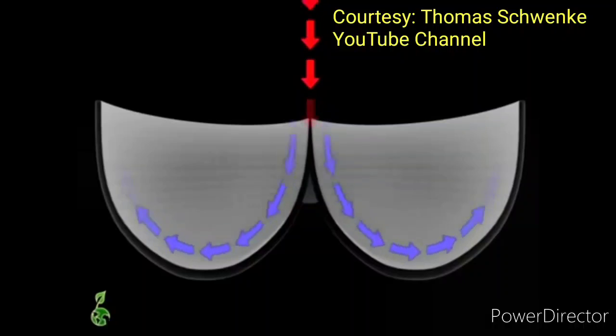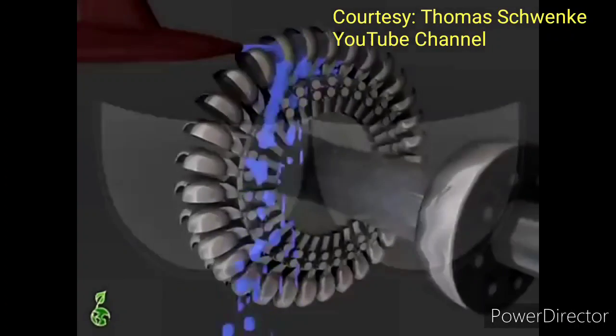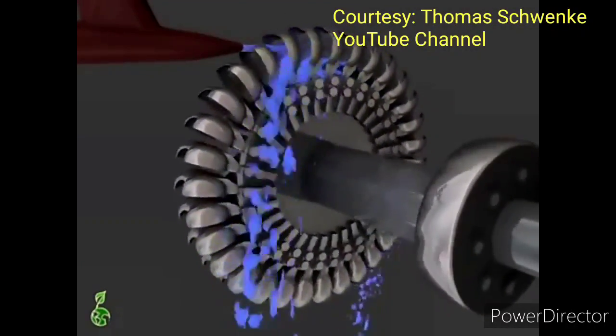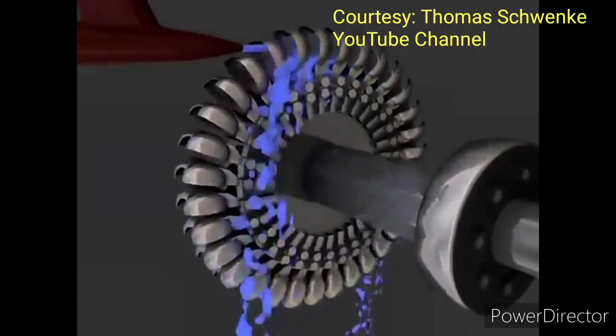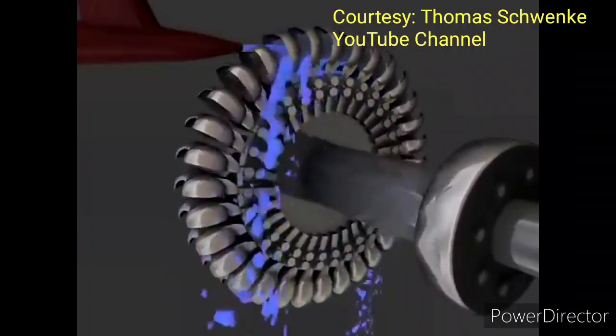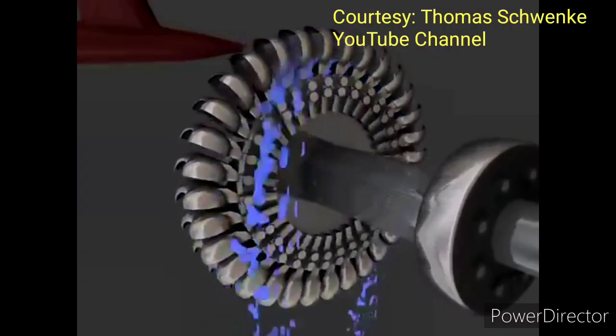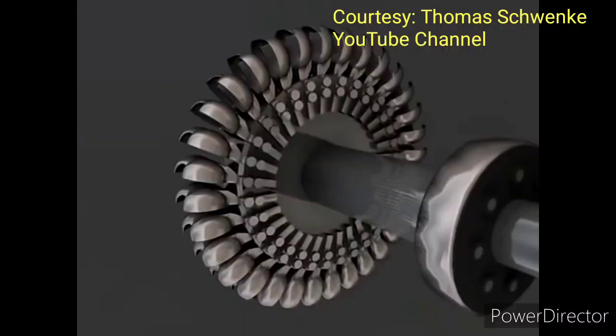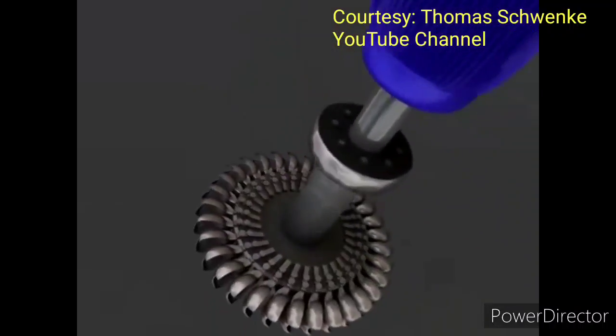The divider splits the flow of water striking it and changes the direction of the water by almost 180 degrees. This allows the wheel to capture almost 100% of the water's energy. The water jet can reach speeds of up to 370 miles per hour, resulting in a very high rotational speed of the wheel. Pelton wheels can be operated with almost 3,000 rotations per minute.